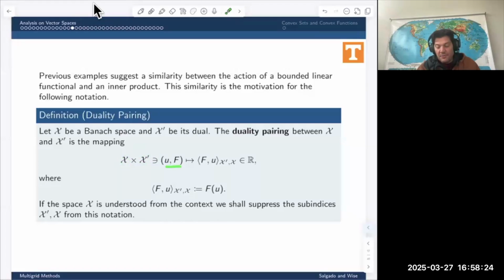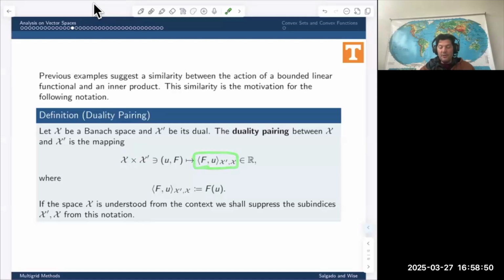The way it's most natural to combine them is to say, well, I'm going to use f to act on u. That's completely natural, right? Because f is a bounded linear functional. It acts on things from X, and so I can use that to map into R. So the notation I'm going to give it is this notation here.